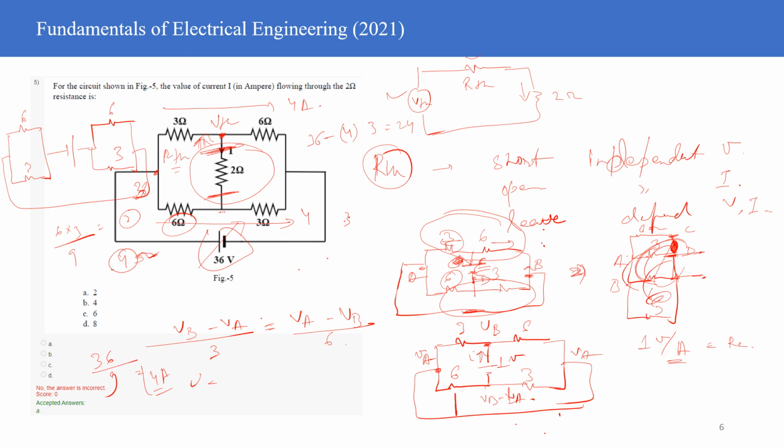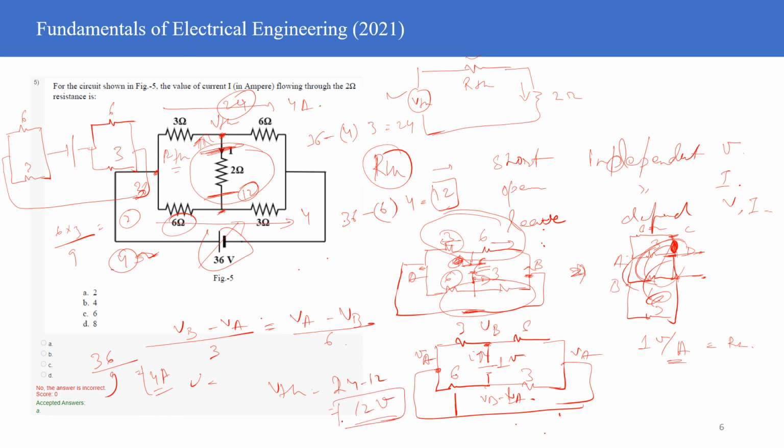So 36 minus 6 ohm into 4 is 12, right? So this voltage is 24, this voltage is 12. So the effective Thevenin's voltage will be equal to 24 minus 12, that is 12.